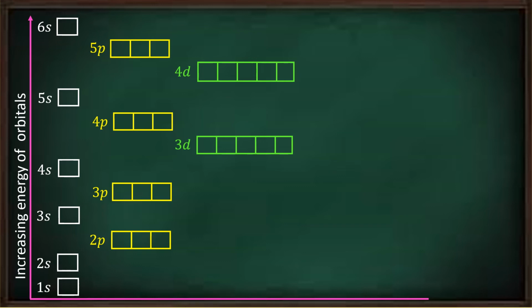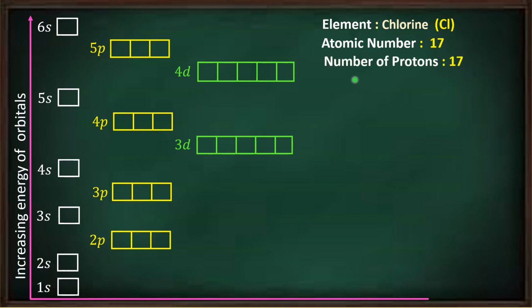The next element in the periodic table is chlorine, Cl. Its atomic number is 17. Number of protons present in the nucleus is 17, and the number of electrons revolving round the nucleus is 17.